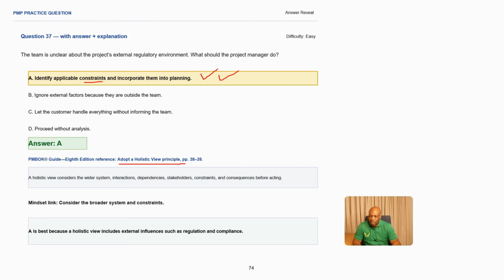What does it say? Holistic view considers the wider system, interactions, dependencies, stakeholders, constraints, and also consequences before acting. So the best mindset in this scenario is to consider the broader system and also constraints, making A the best answer, because it's looking at a holistic view for external influences such as regulation or even compliance.